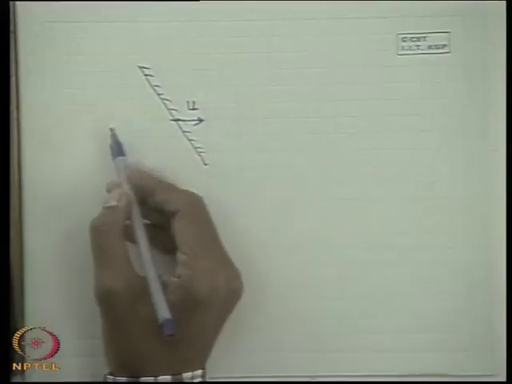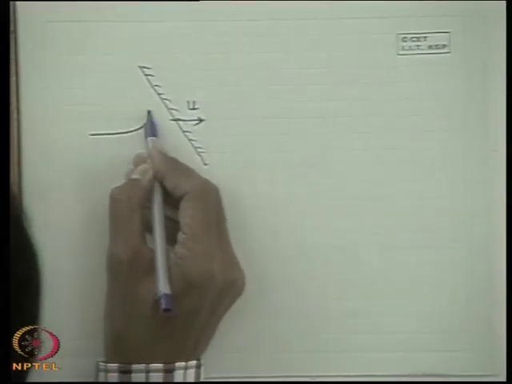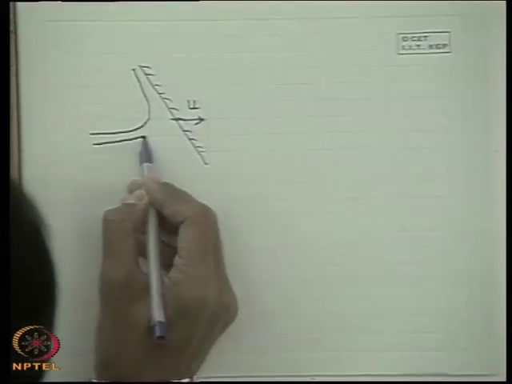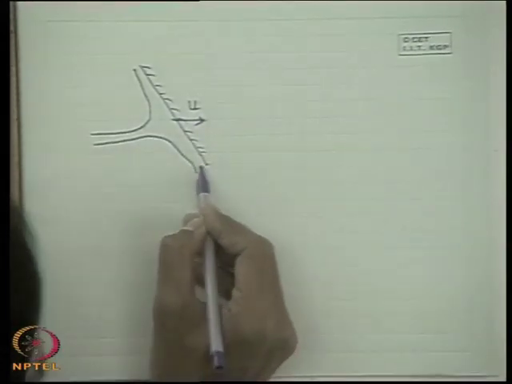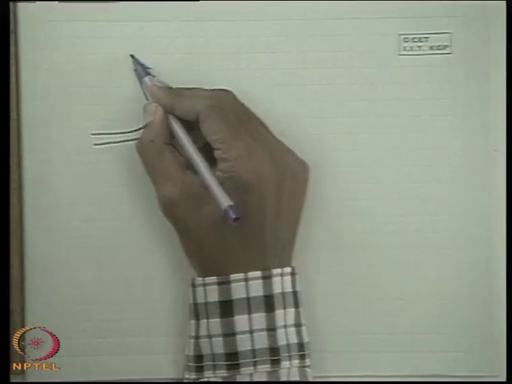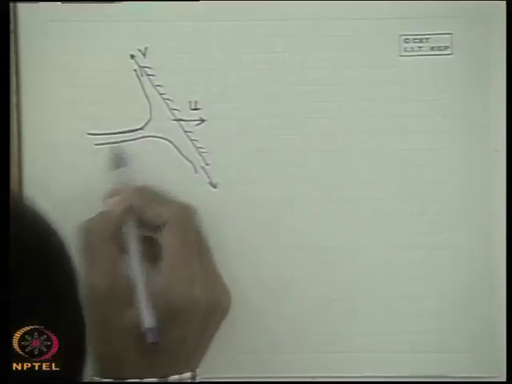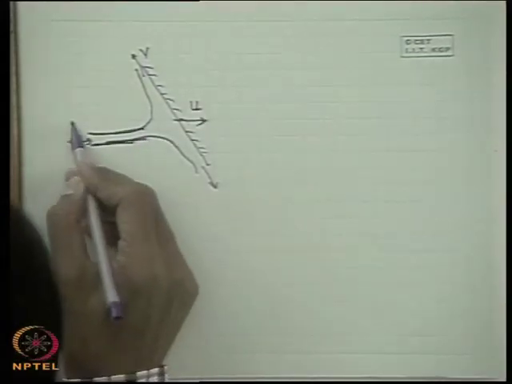Now what happens if the jet comes like this with the velocity v? That is all right, so long as the pressure remains the same, the velocities will remain the same.